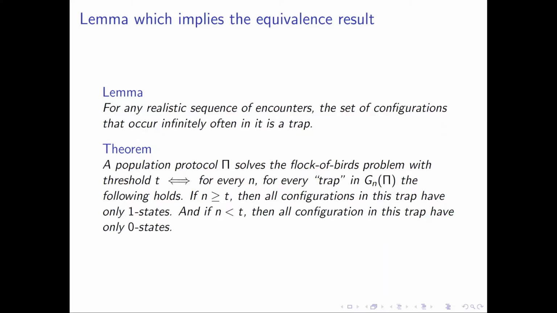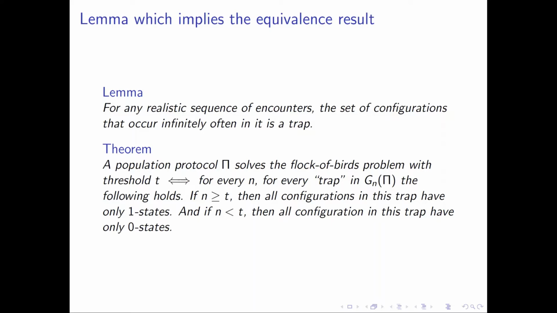So now I'm in this trap and I cannot leave it. Then I consider any realistic sequence of encounters after this finite sequence. Even if I append this finite sequence, it will be realistic, because realistic sequences are closed under adding or removing any finite prefix.